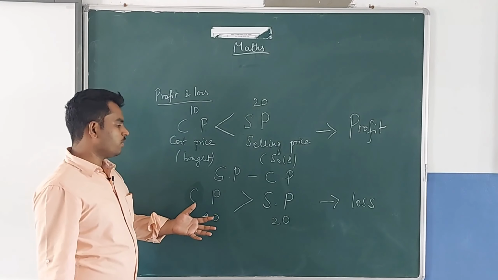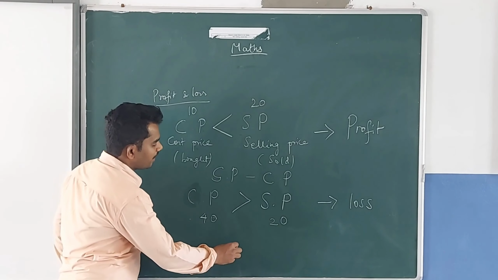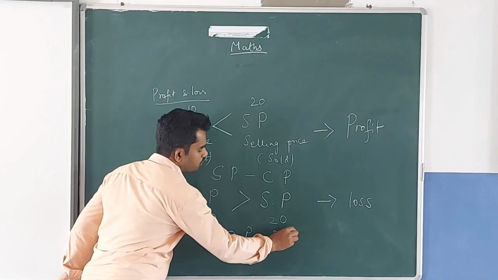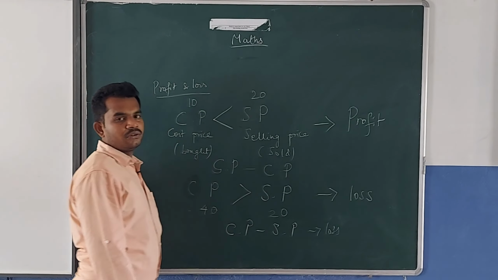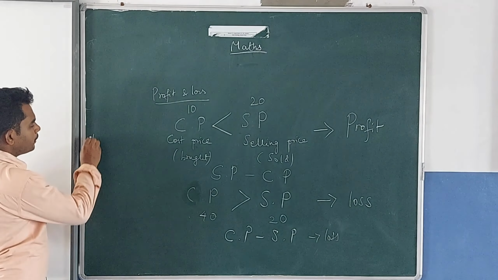Okay, so this situation is called loss. So the formula is CP minus SP. So this is the loss formula. Already you learned. Next, what is profit percentage?